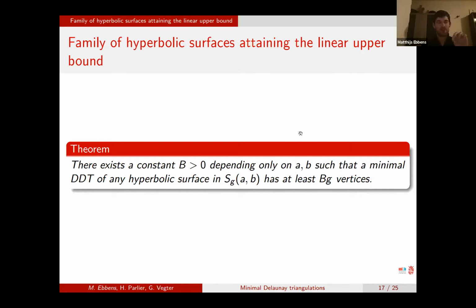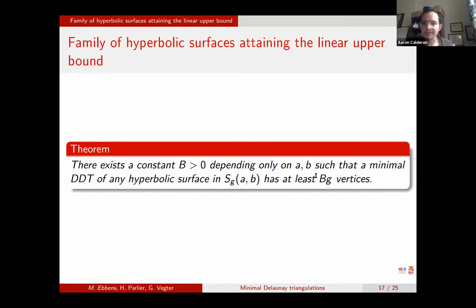The injectivity radius might go smaller and smaller, and this might lead to your A going smaller and smaller, and your B going smaller as well, and then you would need maybe more vertices, less vertices. But indeed, I'm not completely sure. So to answer your question, I'm not completely sure what happens for a generic surface.